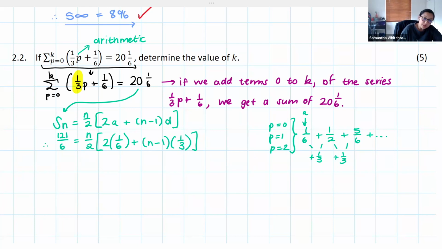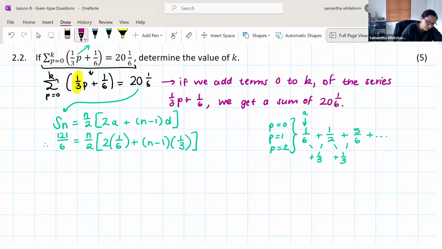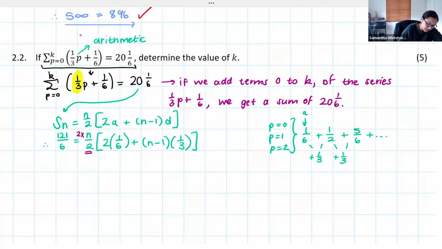Alrighty, so obviously we're trying to solve for n here. So we've got some fractions, which is not an ideal situation to be in, but we can live with it. I would always prefer to get rid of the fraction in front of the bracket first. So I'm going to times both sides by 2 in order to get rid of it.